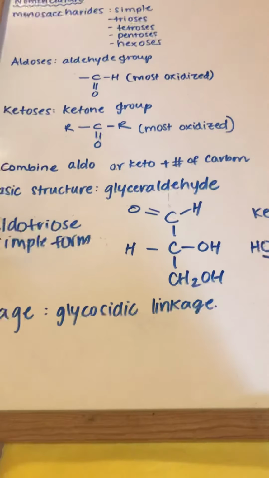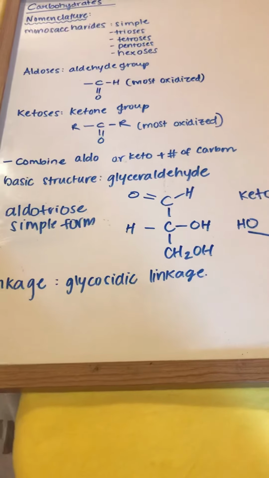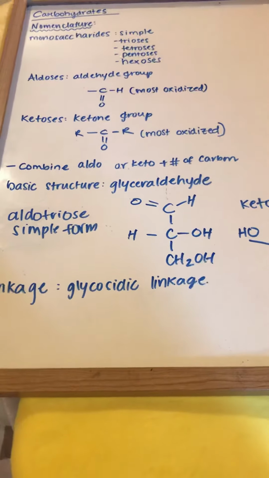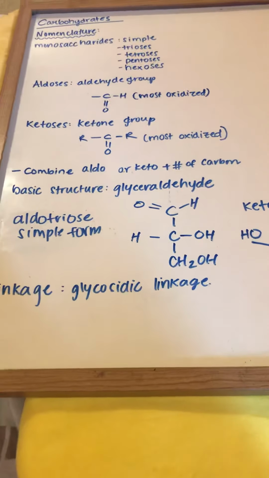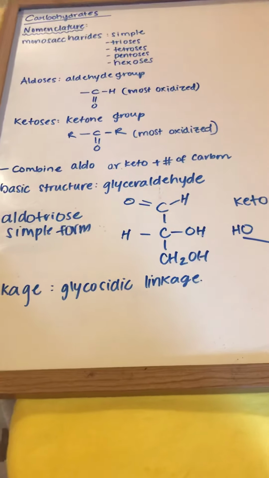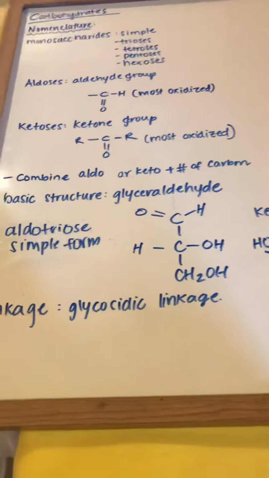So if I have a functional group, for example, down here, and I drew the most basic structure of an aldehyde, I'm going to use this as an example for understanding the nomenclature and how you would name sugars if you ever had to do so on a test or in school or on assignments. What I do first is I look at the carbon and see if it is an aldose or ketose.